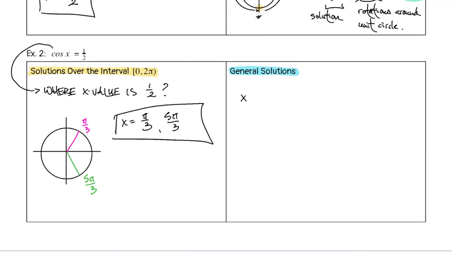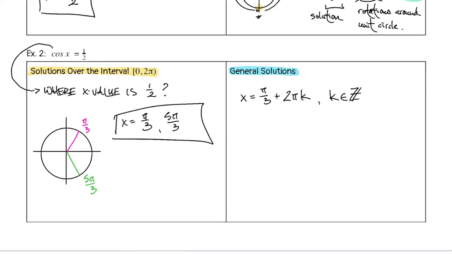And so the way I say that is x equals pi over 3 plus as many full rotations of the unit circle that I want. And I'm defining k to be an element of the integers.